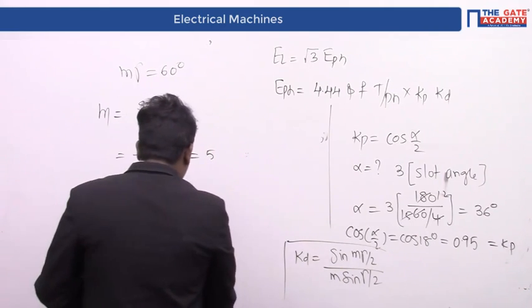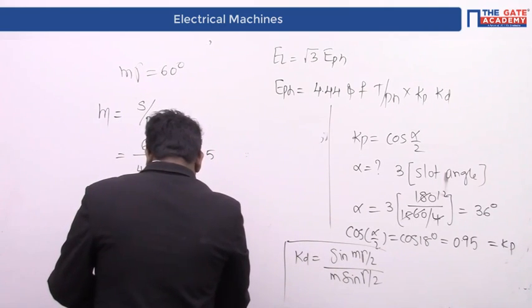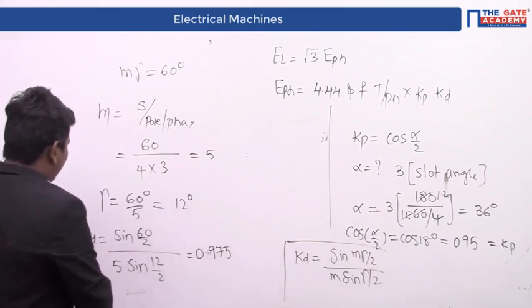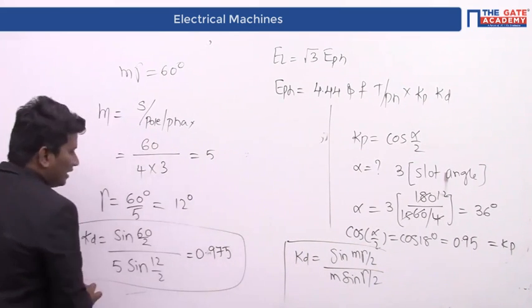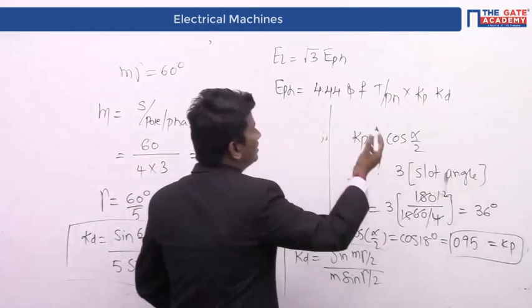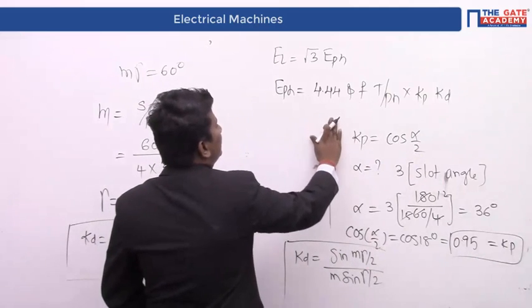Its value is equal to 0.975. Therefore, finally we got Kd, we got Kp, and we got turns also. Then what is your answer?